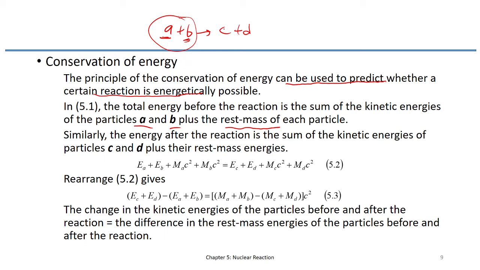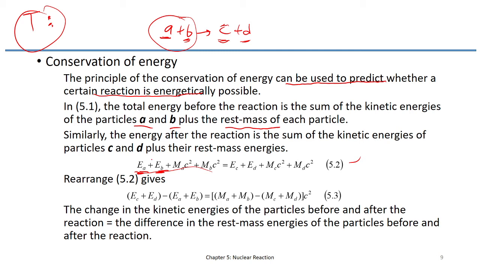Similarly, after the nuclear reaction successfully occurs, the energy after the reaction should involve the kinetic energy of C and D, as well as the mass energy of C and D. If you write it as a mathematical expression, this is before the reaction: the kinetic energy of particle A and particle B. If you notice, this time I use E instead of T. In radioactivity I used T, but in this chapter I use E. Both refer to the same thing, energy.